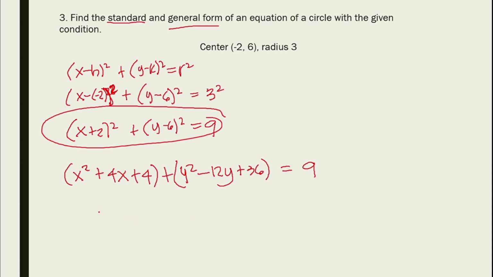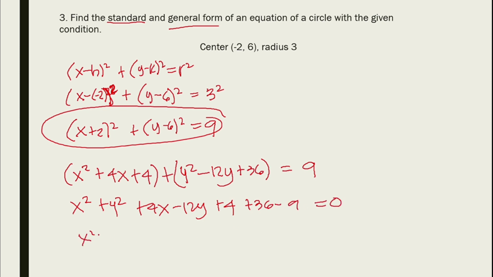Simplifying, x squared plus y squared plus 4x minus 12y plus 4 plus 36 minus 9 is equal to 0.